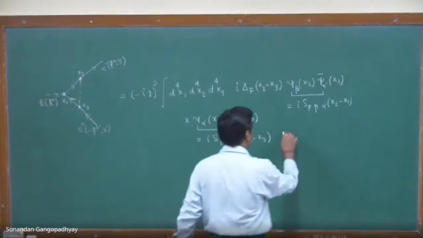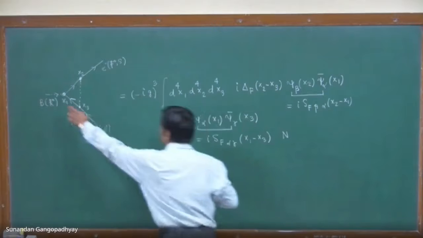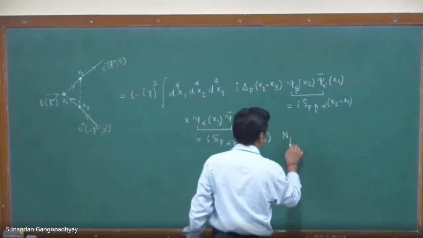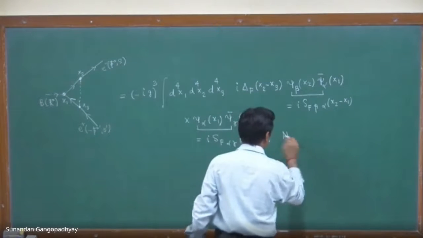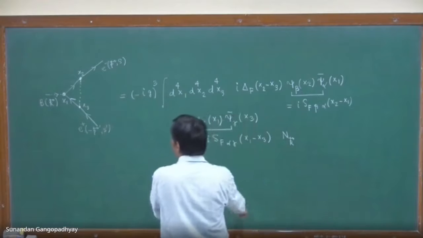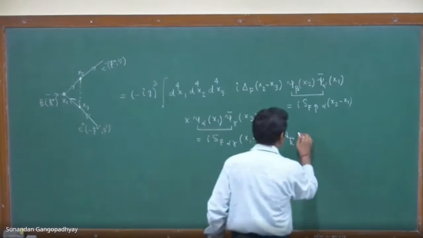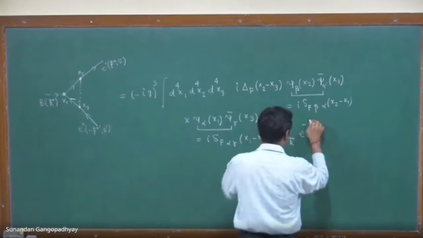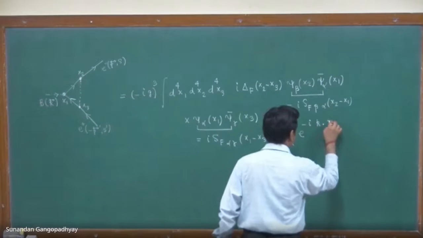If you remember, for the real scalar particle we have N_k times e to the power minus i k dot x1.